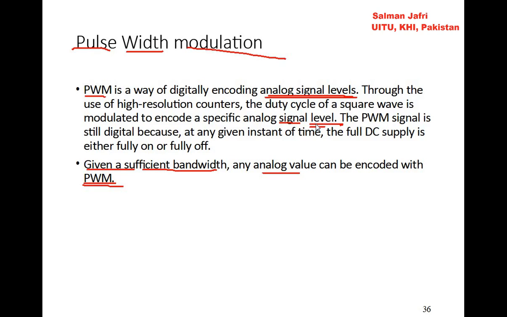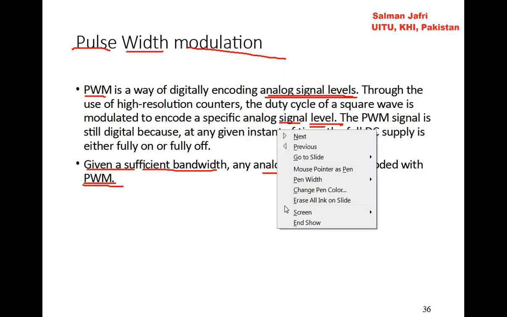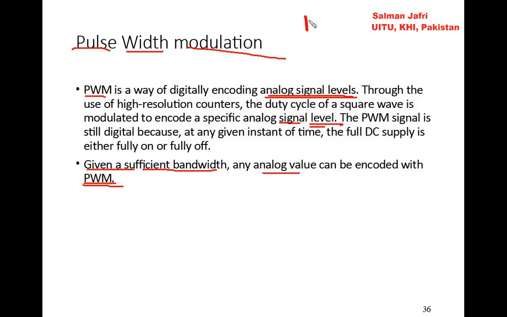So for example, if we have 12 volts analog and we want to create a 6 volt analog signal, what do we do? We apply a 50% duty cycle PWM signal, and that 50% duty cycle PWM signal turns 12 volts on half of the time and turns 12 volts off half of the time.